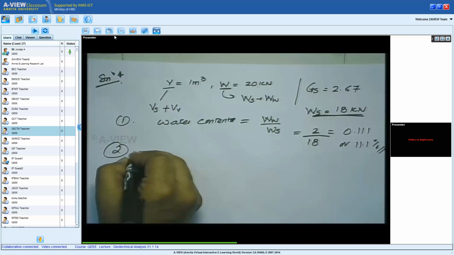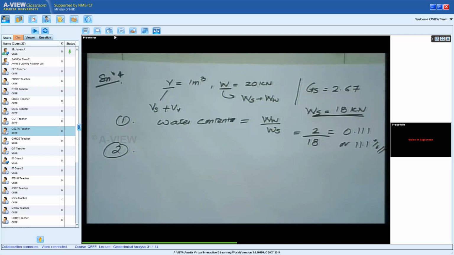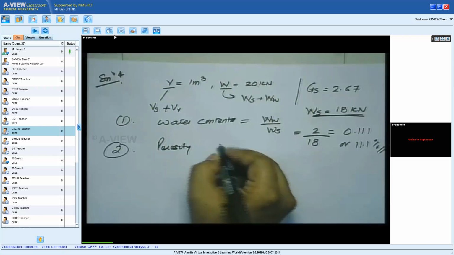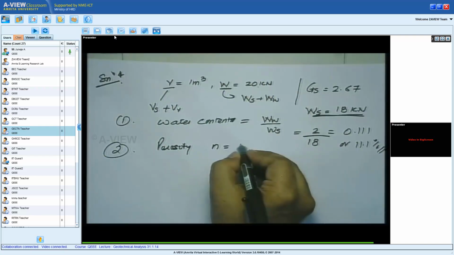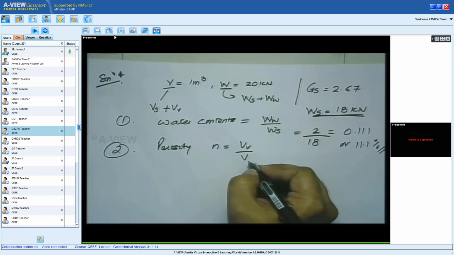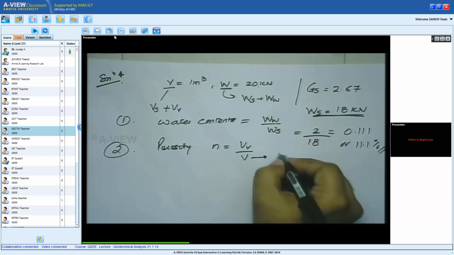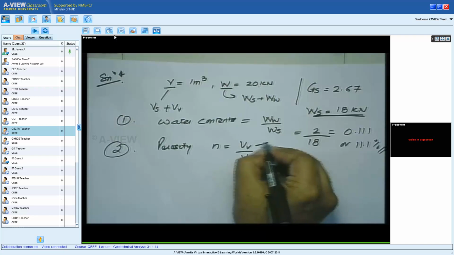Let's look at the second one, which is again quite easy. Porosity. Porosity N is defined as volume of voids over total volume. Total volume is given to us, 1 meter cube. What about volume of voids?